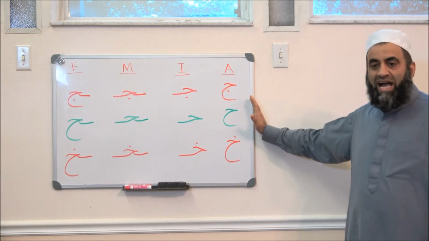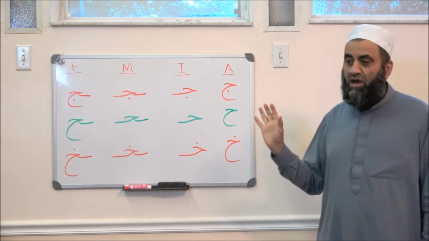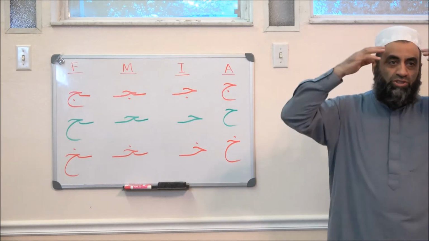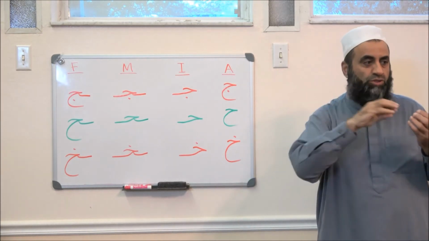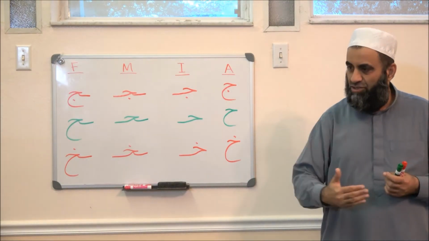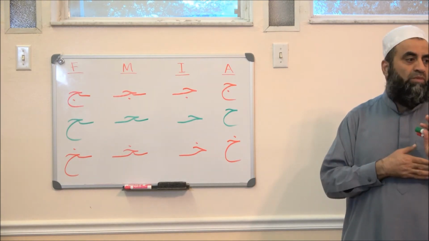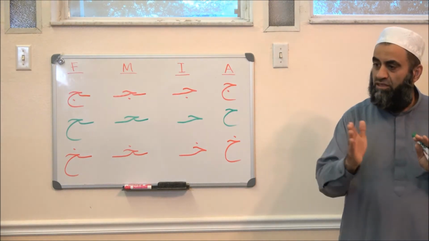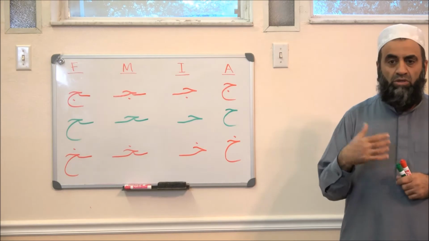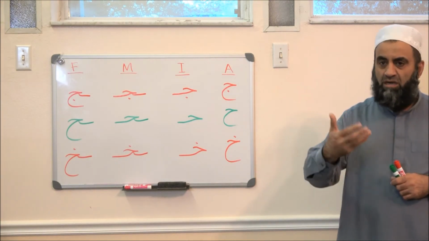So now, actually, the real work that we are establishing now is to associate correctly the sound with the shape. So the more you look at this, inshallah, maybe next week or the following, I will bring you a handout with all the letters in all the positions. But on YouTube or internet, you can just type in Arabic letters and it comes out easily.